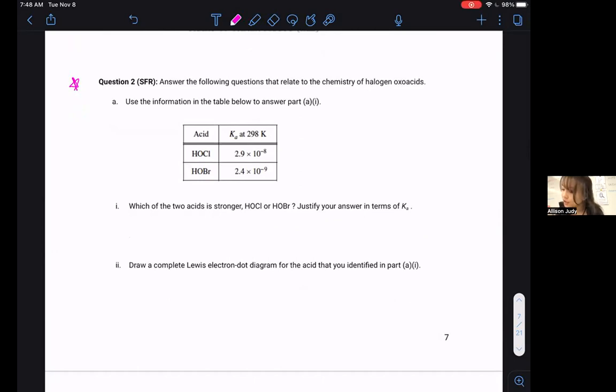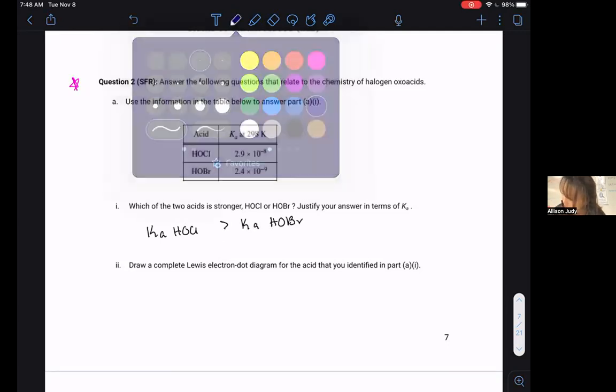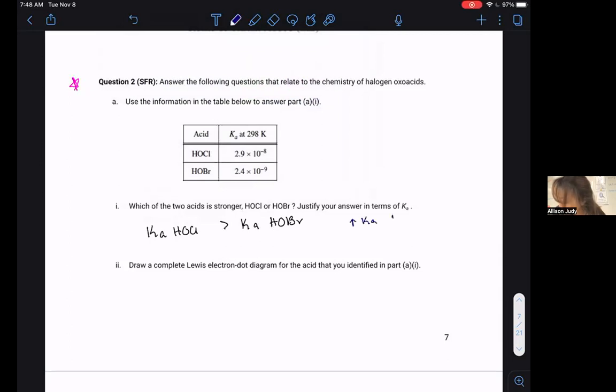So which of the 2 acids is stronger, HOCl or HOBr? Well, when you look at this, you notice that the Ka of HOCl is greater than the Ka of HOBr. And we know that the higher the Ka value, the better the acid, or what I could say is ion production.